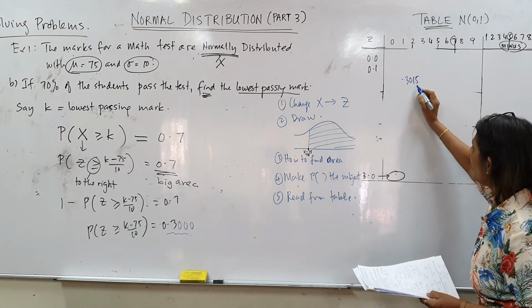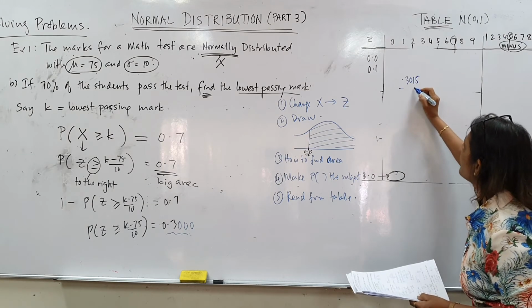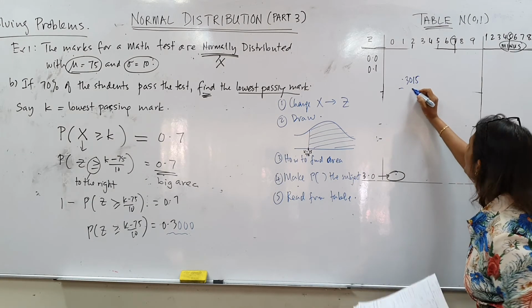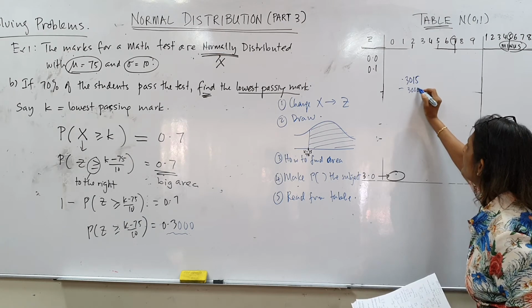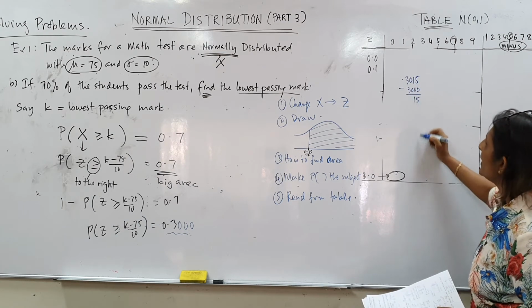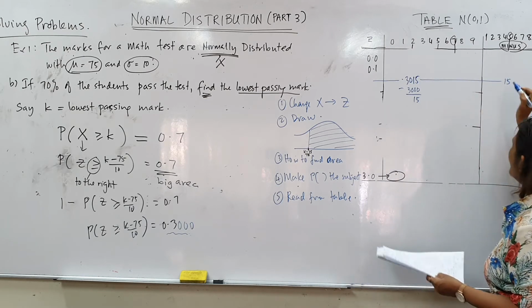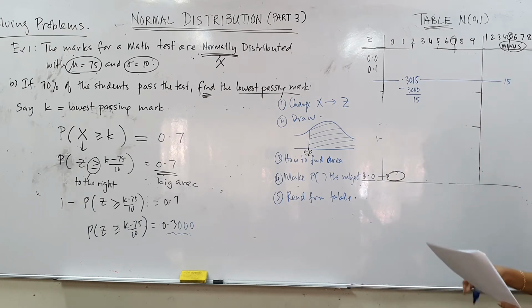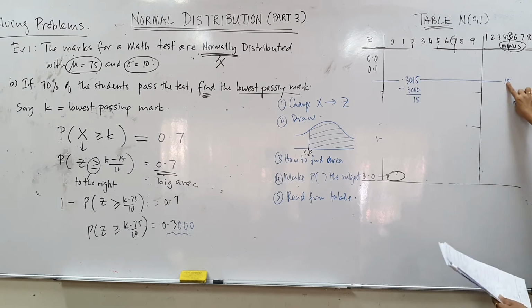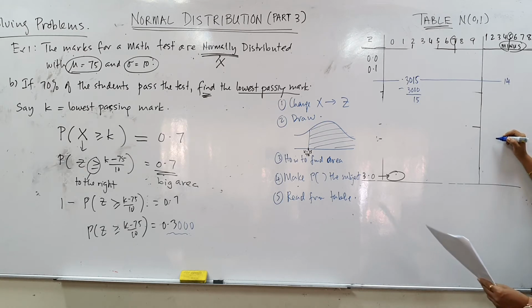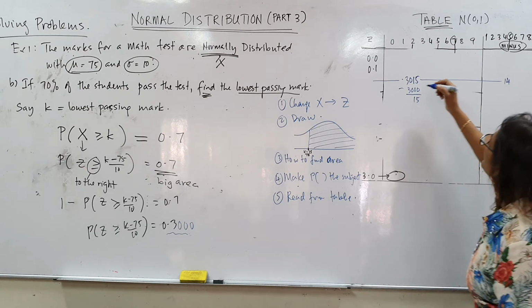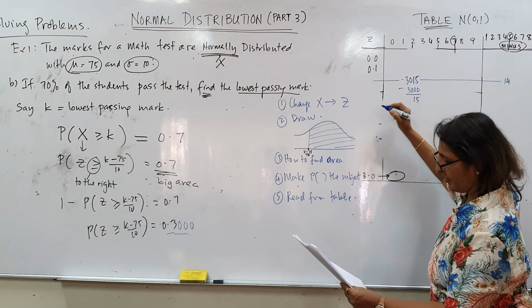Alright, so now how much must I minus to get my 0.3000? So I just minus and see, 15. Okay? So now what you do? This row, look for 15 here. You can't find 15, but you can find closest 14. Now we're going to read the answer. Here is 0.5.